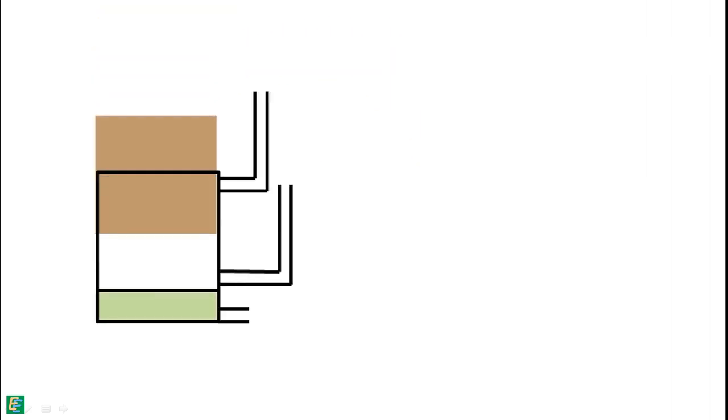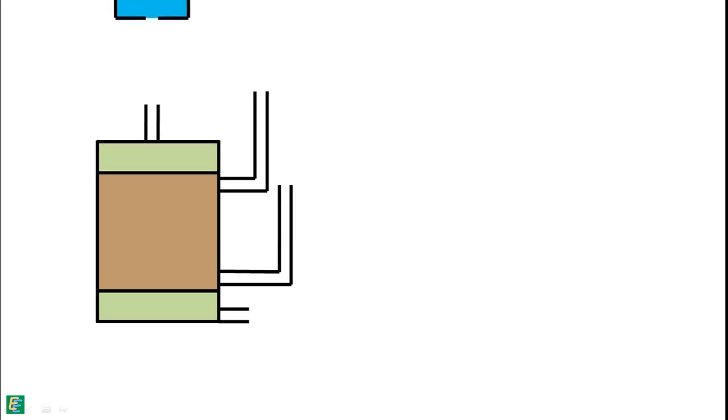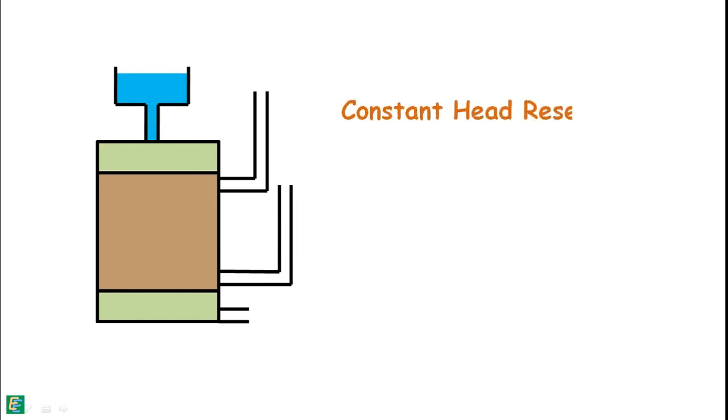We place the sample inside the mold between the porous discs. Some space will be left between the mold and the specimen that we fill with some impervious material such as cement slurry.